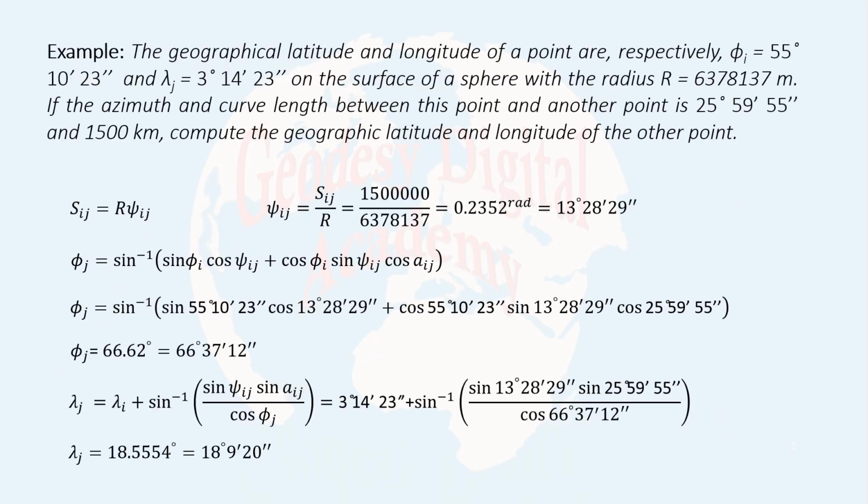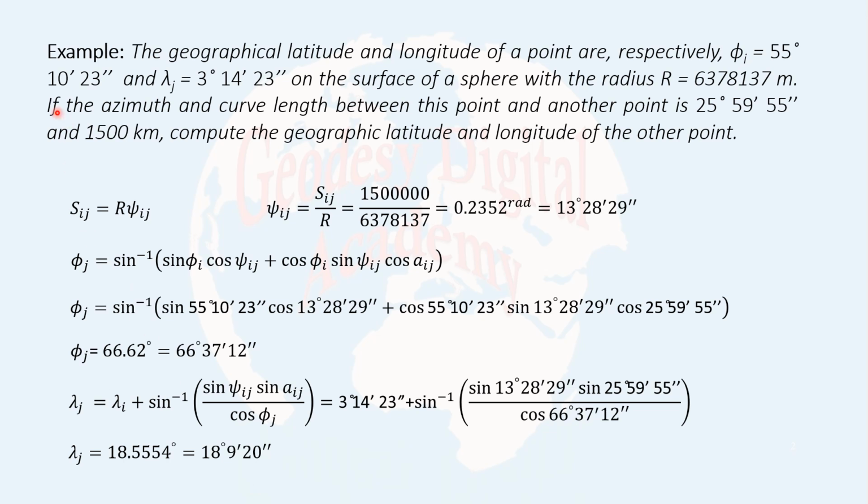Now let us solve a numerical example. Consider that the geographical latitude and longitude of a point are phi 55 degrees 10 minutes and 23 seconds and lambda 3 degrees 14 minutes and 23 seconds on the surface of a sphere with a radius R, as you see here.